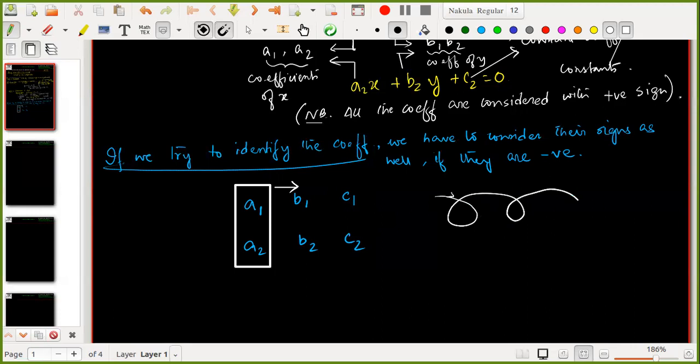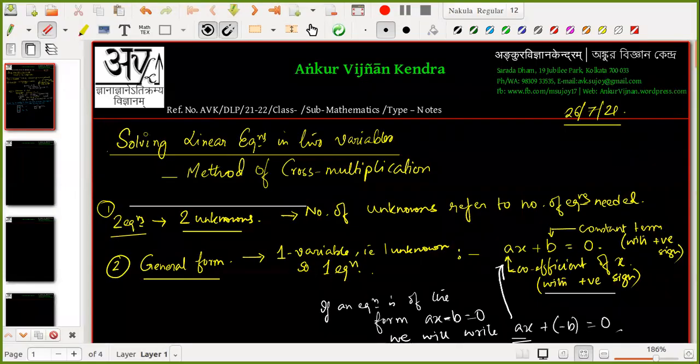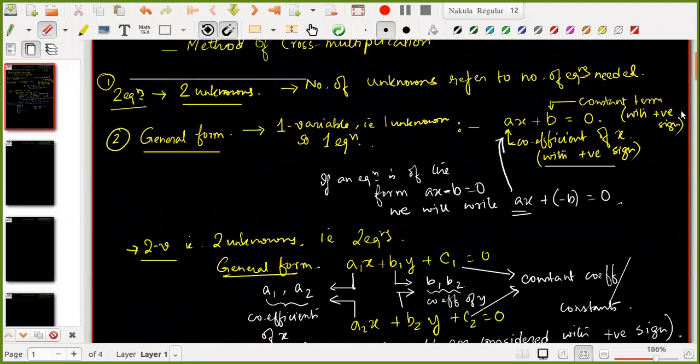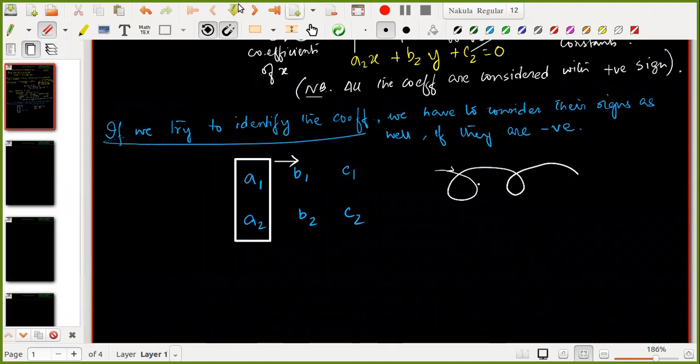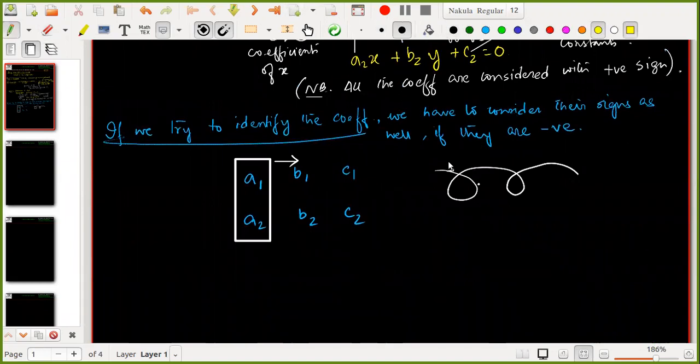So you just imagine that you are rolling a stone, something like that. This is a general representation by picture that something is rolling on the floor.